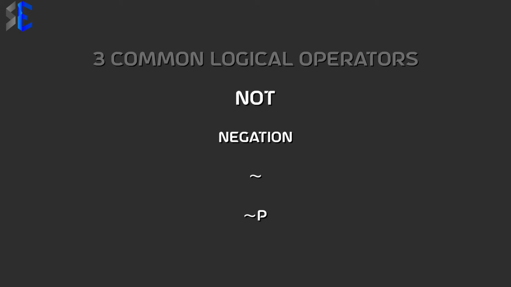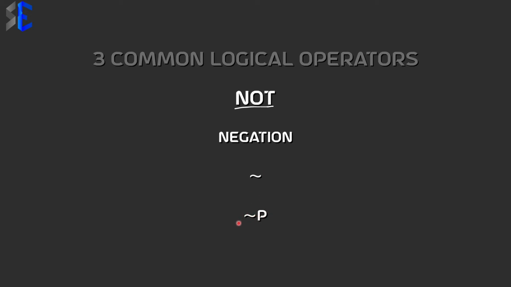So here's the first thing. Not. The more technical name for not is negation. Not is just how you say it. So this is called a negation, and here's the symbol for it. It's just a tilde. And here's an example of it attached to an individual statement.